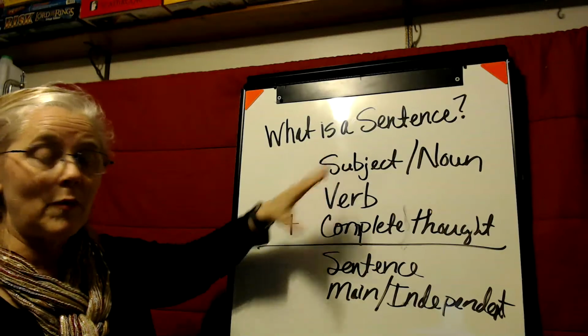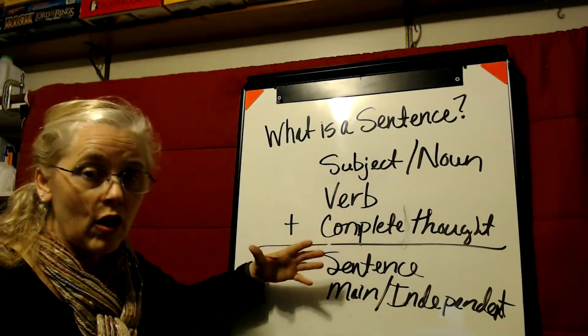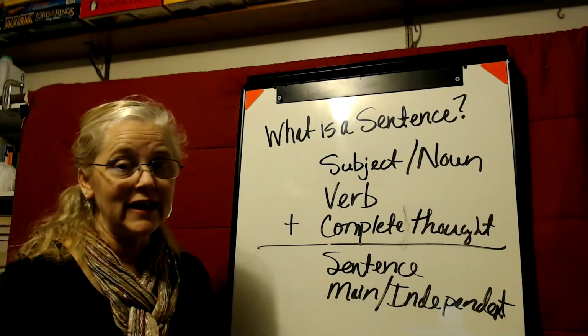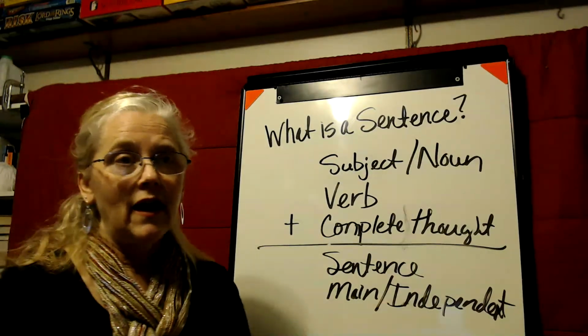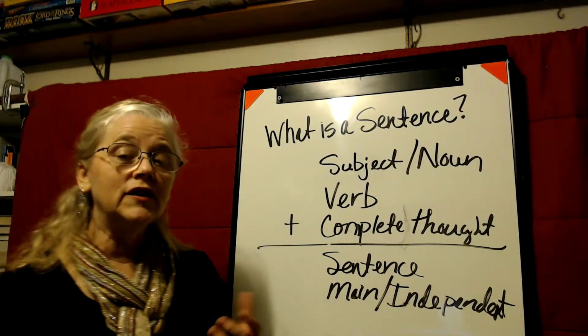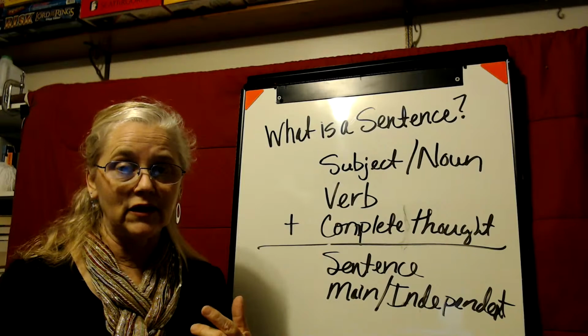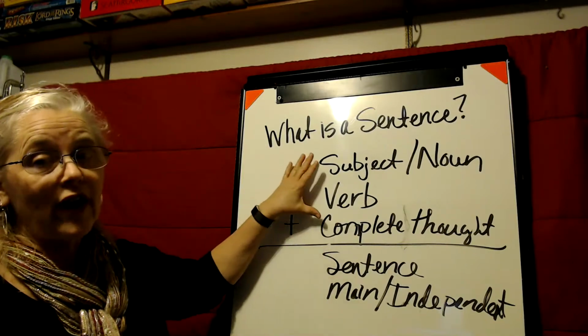Those combined are what make a sentence, or we also refer to them as the main or an independent clause. Later, when we look at complex sentences, you'll need to be able to identify if it's an independent clause or a main clause.